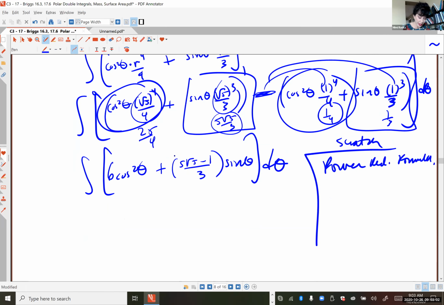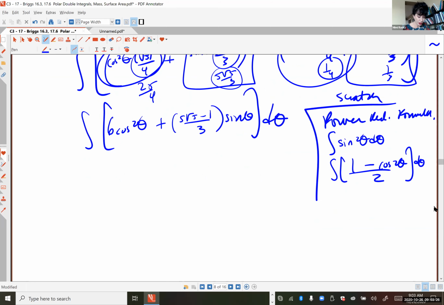If you are trying to integrate an even power of sine or cosine, you have to remember the power reduction formula, because you're not going to use the power rule on that. Don't go, oh, u squared. No, that's not u squared. Instead, you're going to remember that the power reduction formula for sine squared is 1 minus cos of 2 theta over 2, and for cos squared, it's 1 plus cos 2 theta over 2.